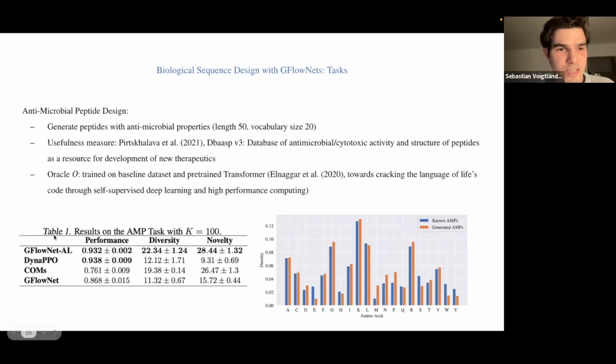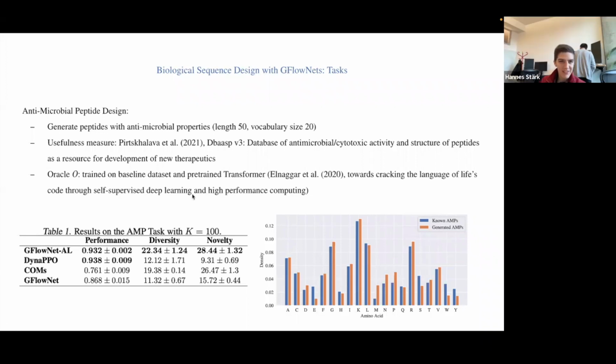Yeah, and you can see that against competitors, the GFlowNet in the active learning setting has the... But wait a second. I do not understand what's going on already. We're trying to generate antimicrobial peptides. That's our task. And we have a usefulness measure that works by taking the generated sequence and looking if it's already in this database, or how does it work?